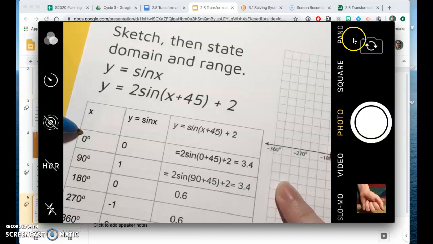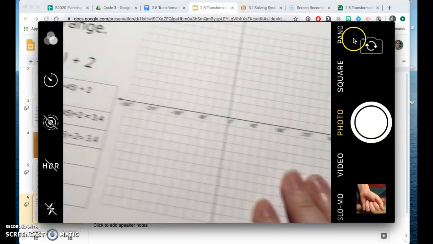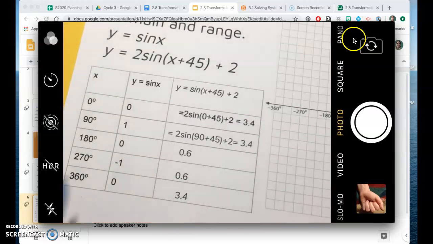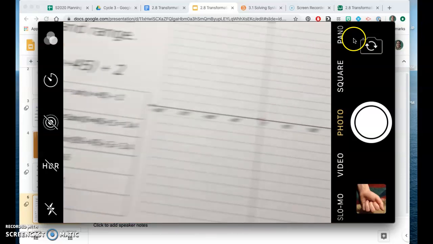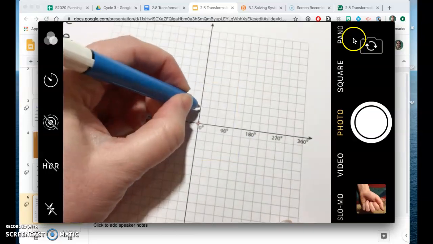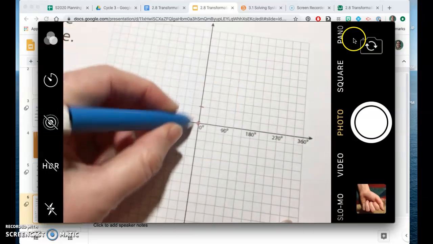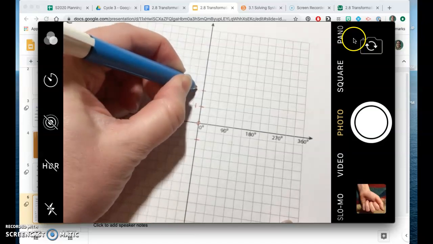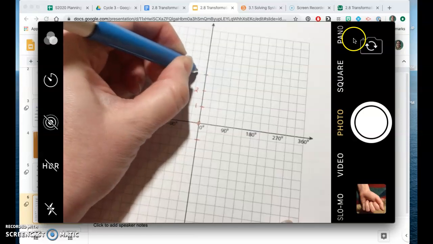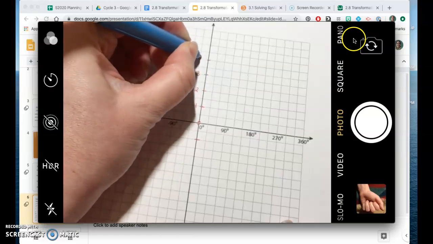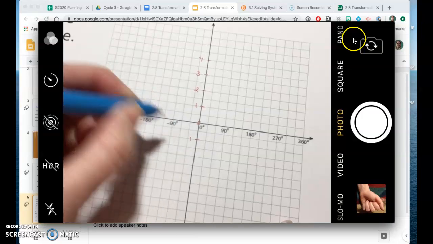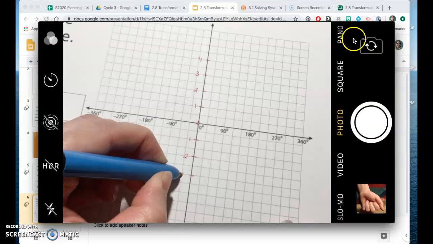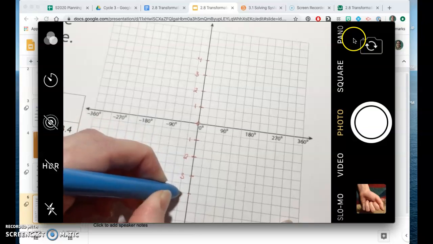So my first point is 0, 0. We'll go over here and put 1 at 0, 0. My next point is 90 and 1. So go back here. 90, and I'm going to make every 2 is 1, just so I can use up more of my sheet if I need to.